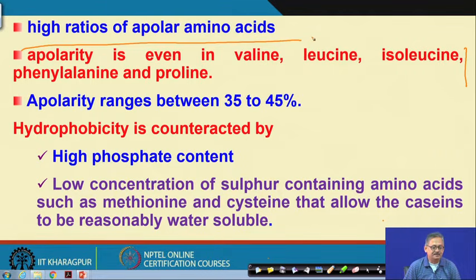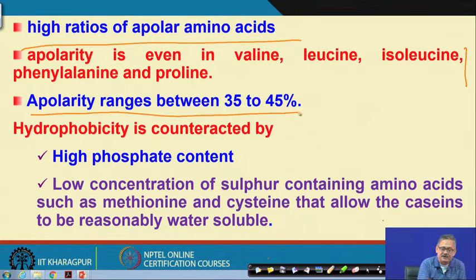And apolarity ranges between 35 to 45%, that is almost 50-50 polar and non-polar, right. Because of this apolarity, they behave hydrophobic in nature, right.